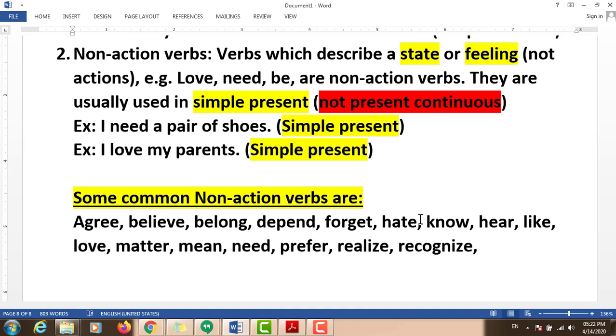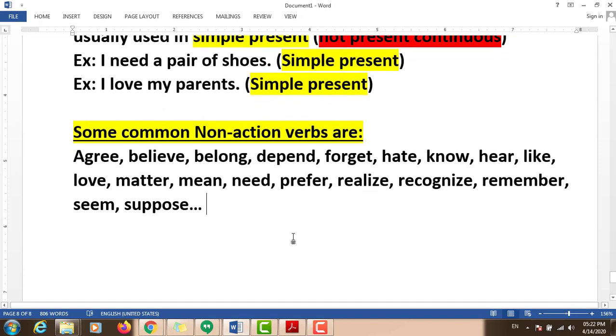I didn't recognize you. Simple past. I can't recognize him. Remember, seem, suppose. What is it? Suppose. So, and we have many more as well, okay? So these are all used in present simple. Why? Because they're non-action verbs.